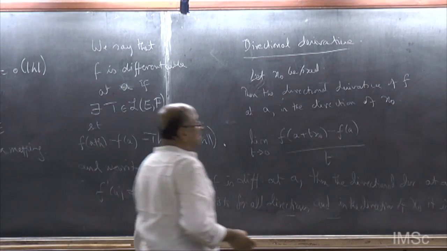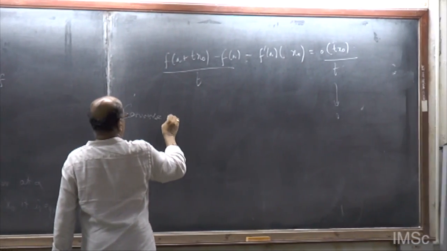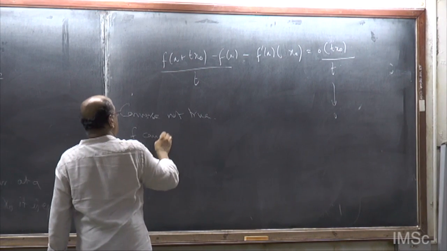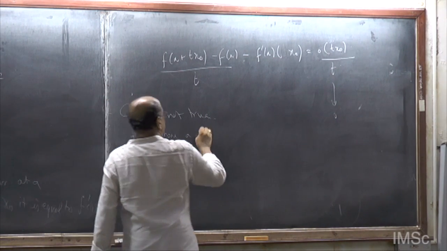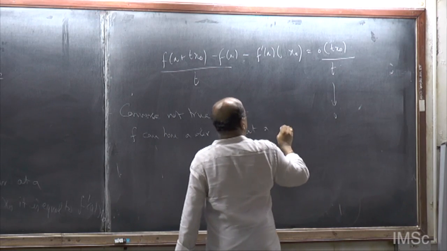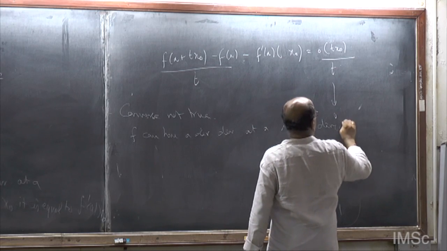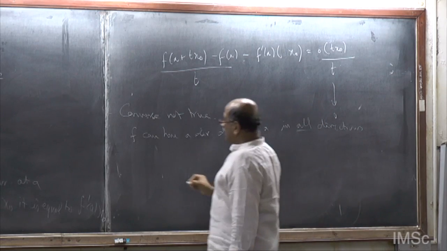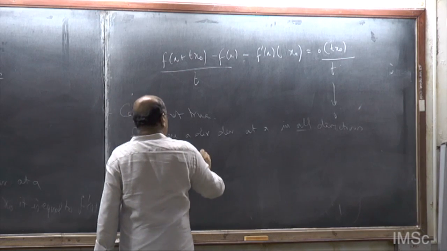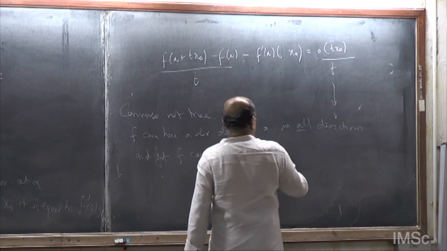So, converse not true. f can have a directional derivative at A in all directions and yet f can fail to be differentiable.